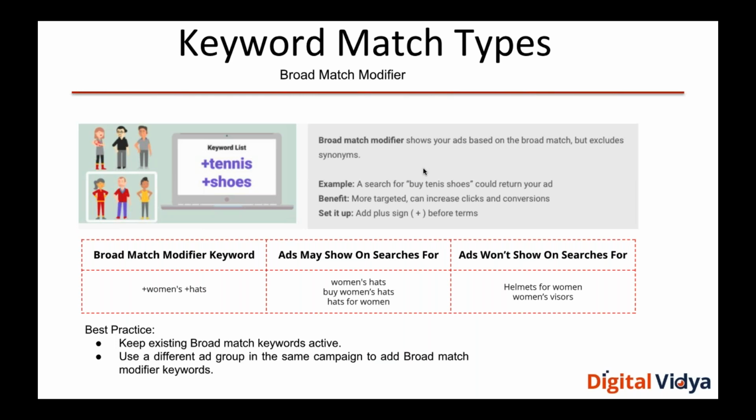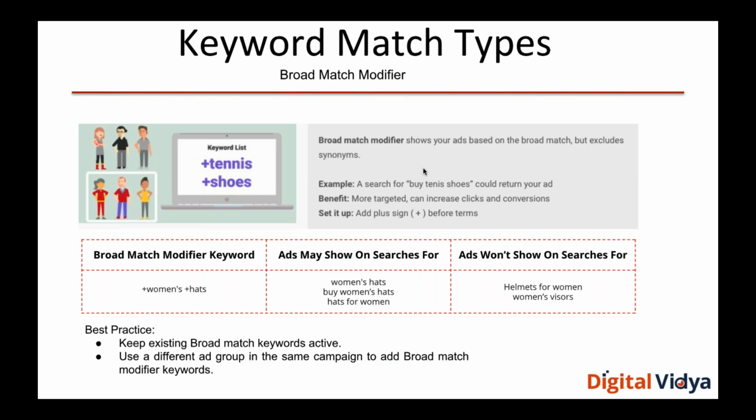Now, how does it behave differently if it's a broad match modifier? The word before which you are putting the plus sign, the system will ensure that that word is present in the query. If it is replaced by a related term or a synonym, it won't trigger your ad. For example, if my broad match modifier keyword is women's hats, and assuming that I have put the plus sign only before the word women's, okay, not before hats.